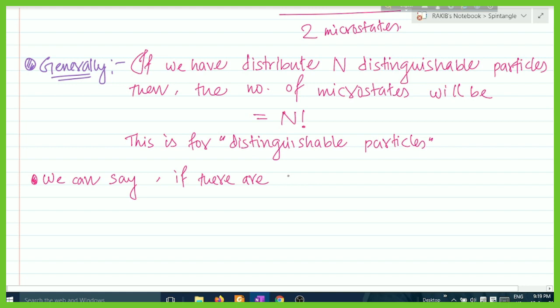Say if there are n indistinguishable particles, this is omega, the number of microstates, omega for n particles.